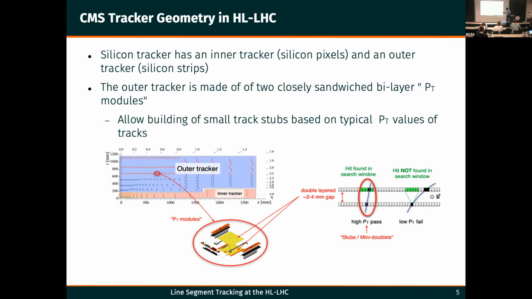And as we saw in the previous talk, things that are consistent with relatively high momentum pass through, and things that are not consistent fail. And so this will be our fundamental building block for the algorithm. Our typical pT values would be something like greater than 0.8 GeV, given that we are mostly dealing with HLT tracking and offline tracking.